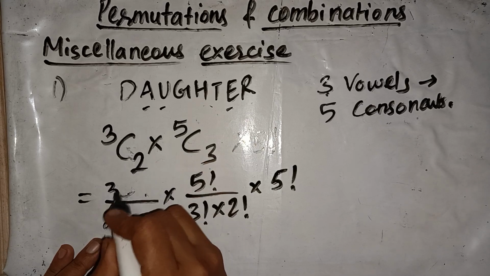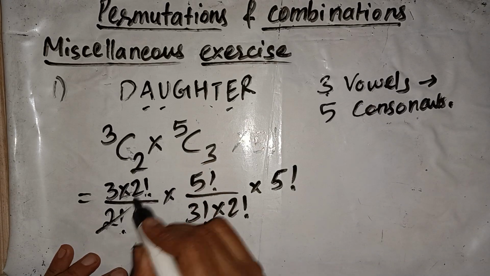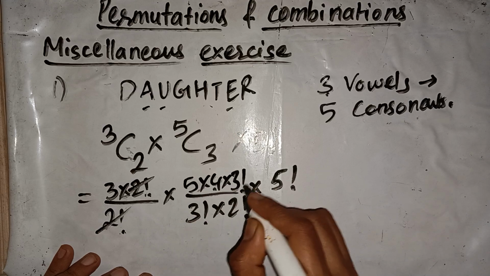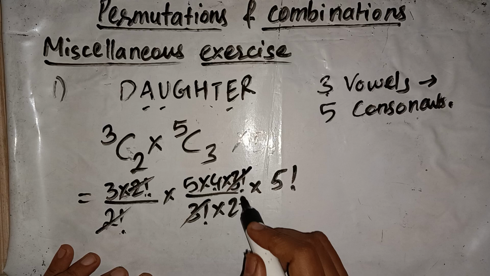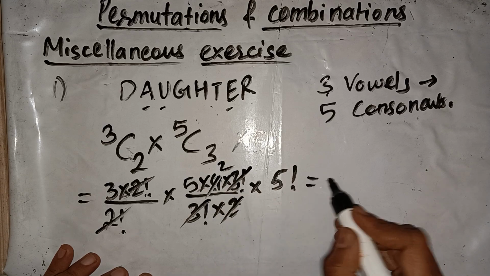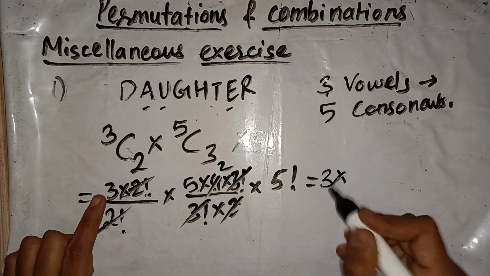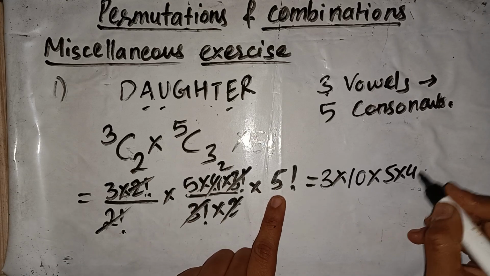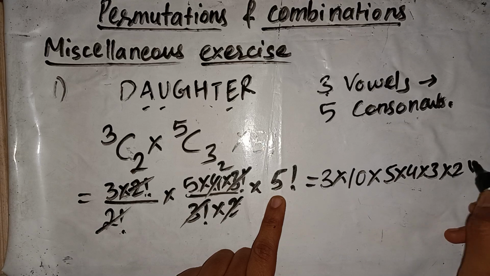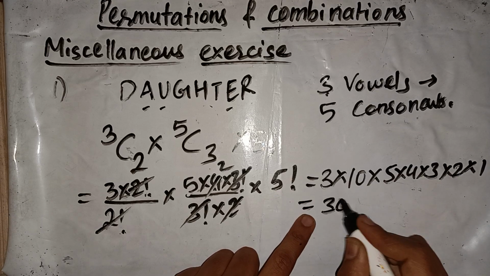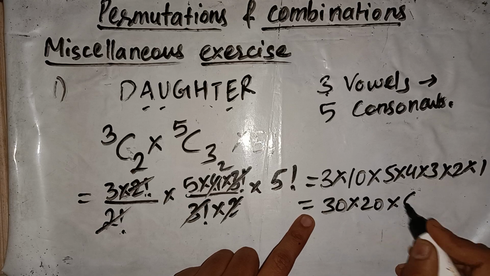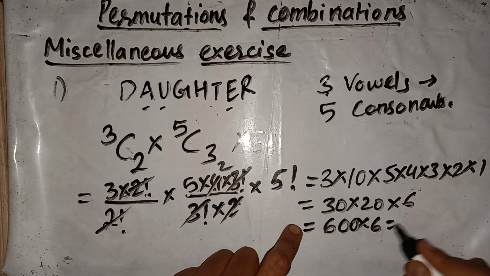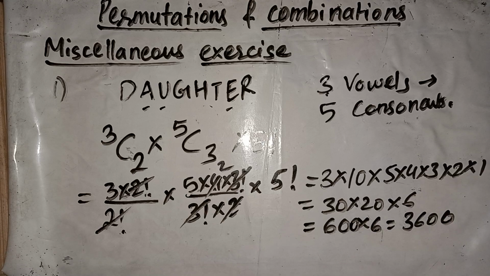So 3 factorial is 3 into 2 factorial. 5 factorial is 5 into 4 into 3 factorial. So 3 into 10 into 5 factorial, 5 into 4 into 3 into 2 into 1. So it's 600.